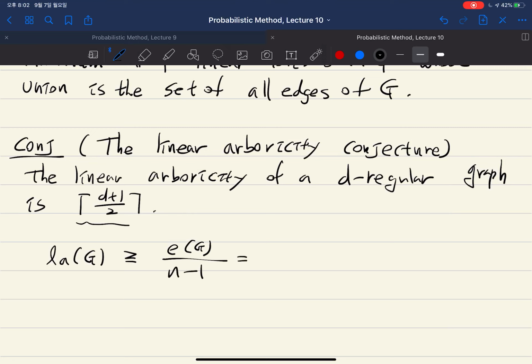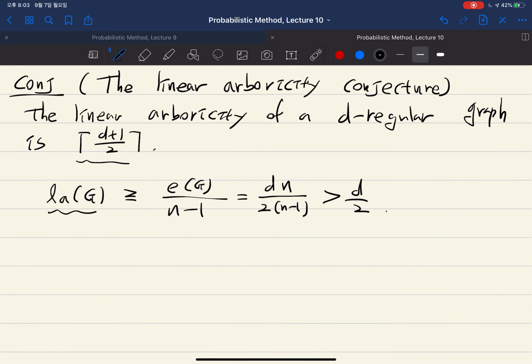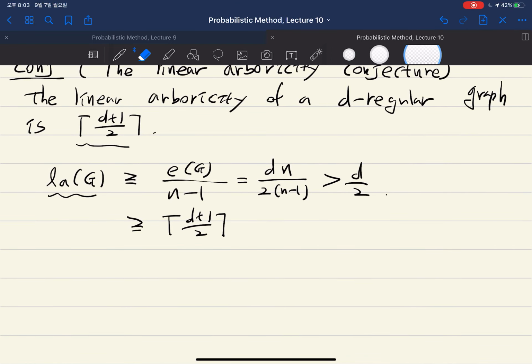But if we have a d-regular graph, the number of edges is dn over 2, over n minus 1, and this is bigger than d over 2. Because this is an integer, this shows that it has to be at least the ceiling of this number.